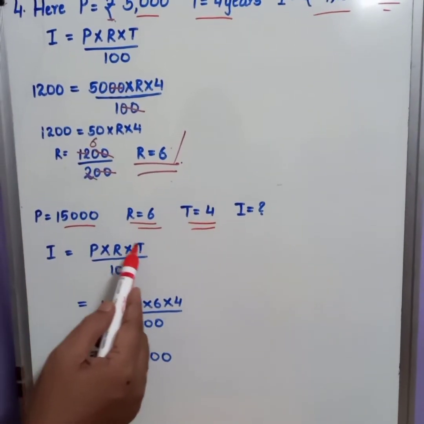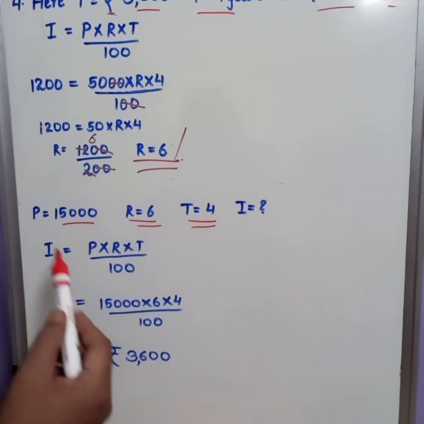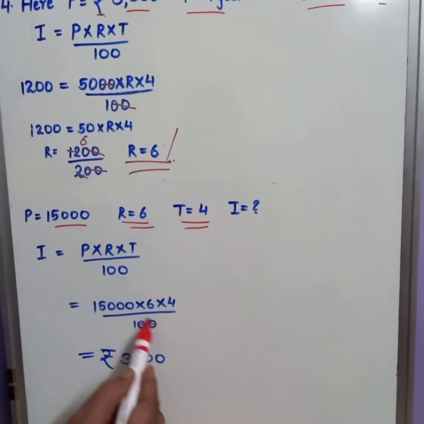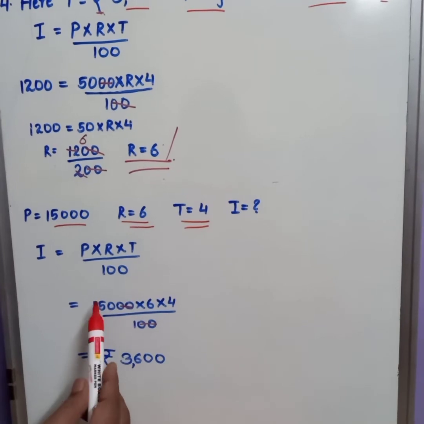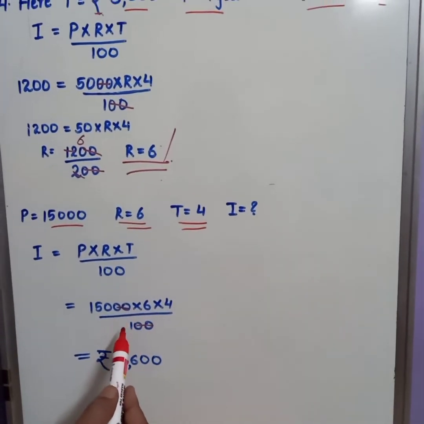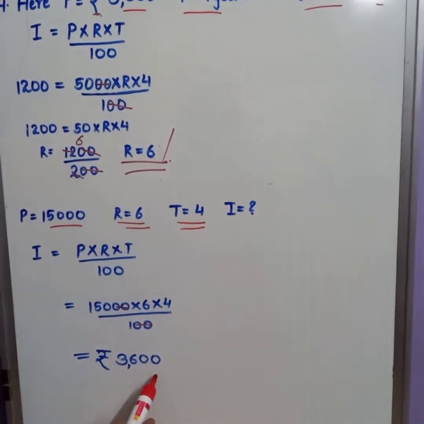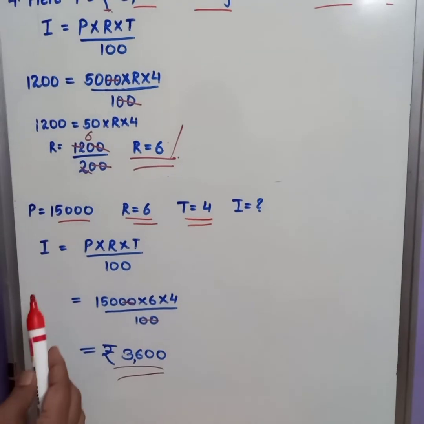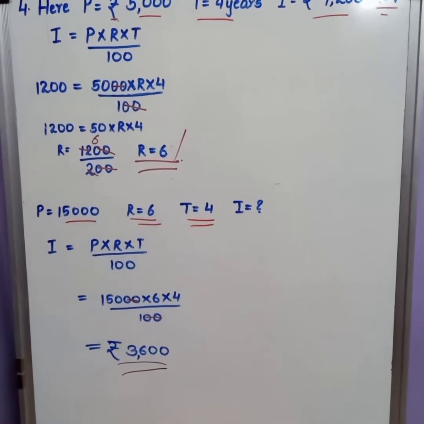P into R into T upon 100. So 15,000 into 6 into 4 upon 100. 150 into 6, that comes up to 900. 900 into 4, that comes up to 3,600. So interest on 15,000 is 3,600.